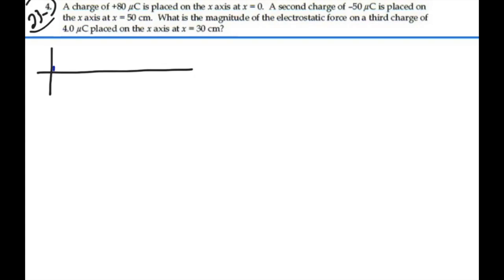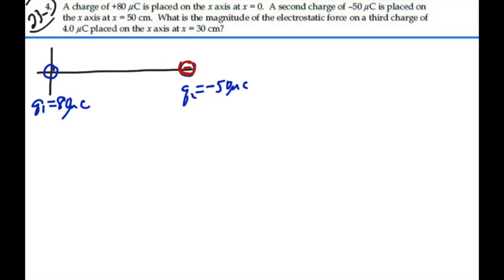We have a first charge, Q1, located at x equals 0, and that charge is 80 microcoulombs. And then we have a second charge, let's call it Q2, located at x equals 50 centimeters, and that's equal to a negative 50 microcoulombs.